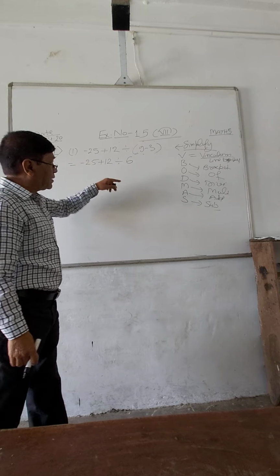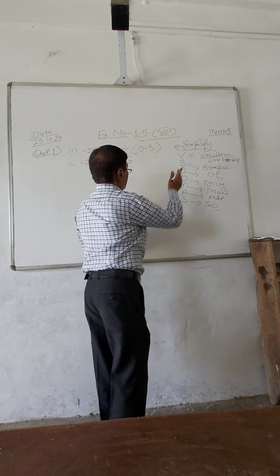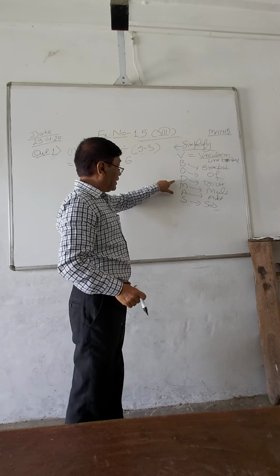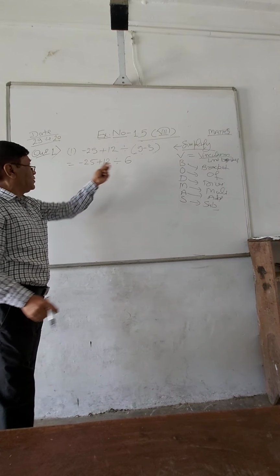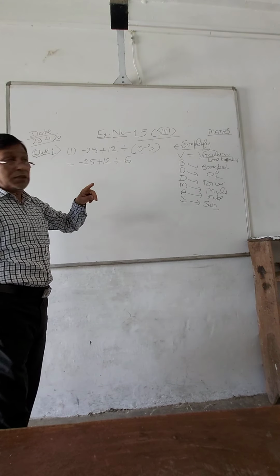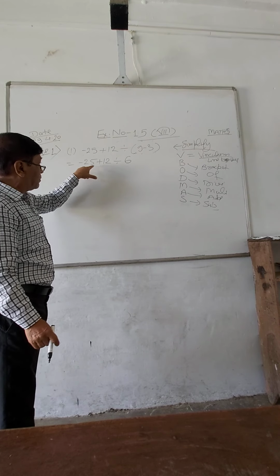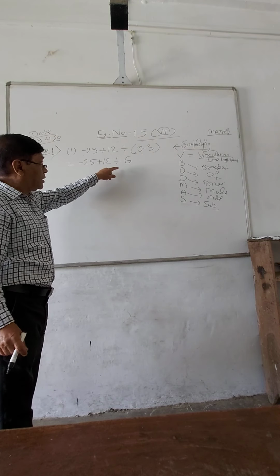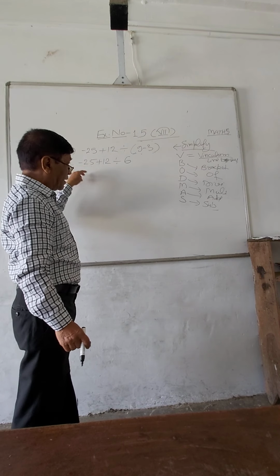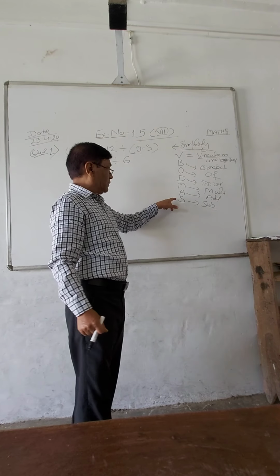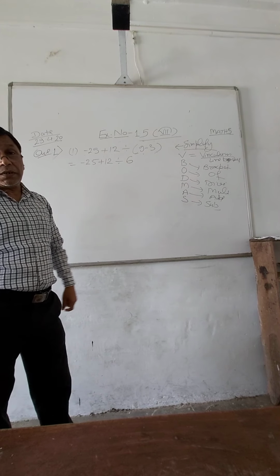Now after the bracket, of. There is no of here. Then after that, division. Among the three numbers, first you solve the division. Don't solve this plus this, because before solving plus and minus, first you solve the division.